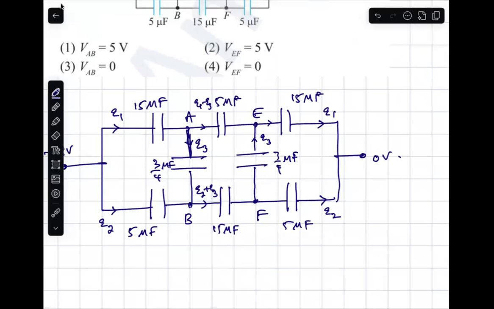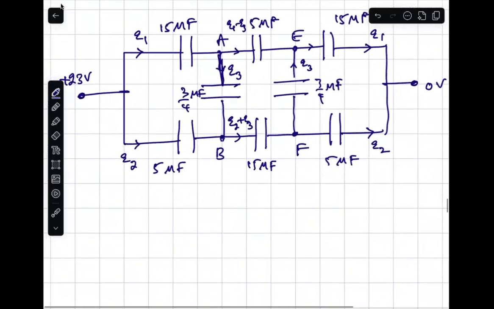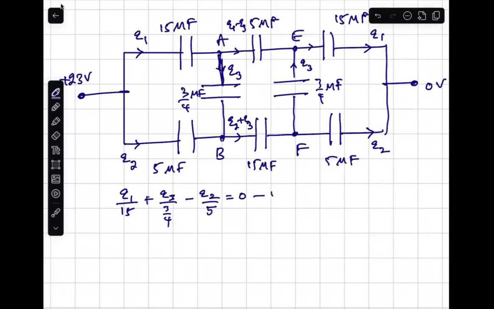Three unknowns, three equations. First choice, I'll take this loop, voltage law. What is that? Q by C. Loop 1: Q1 by 15 plus Q3 by 3 by 4 minus Q2 by 5 is equal to 0. Equation 1. Any doubt?